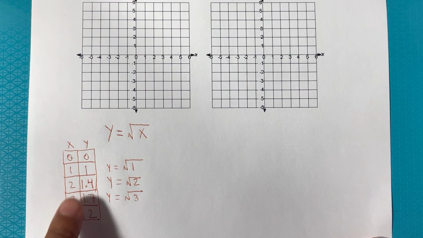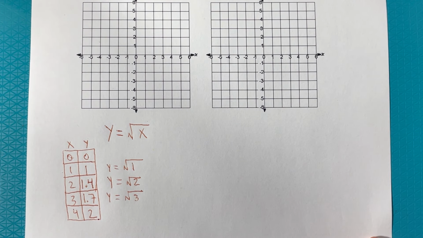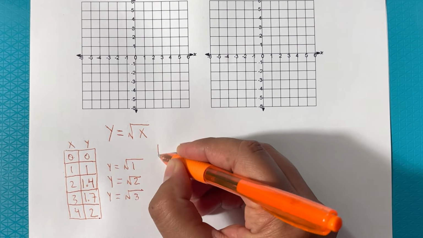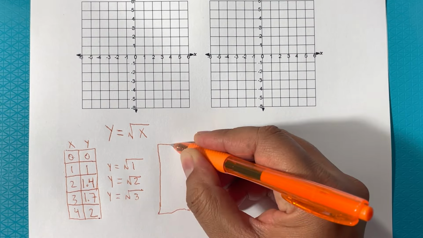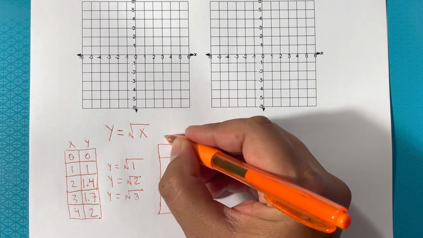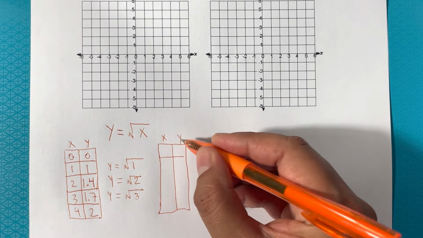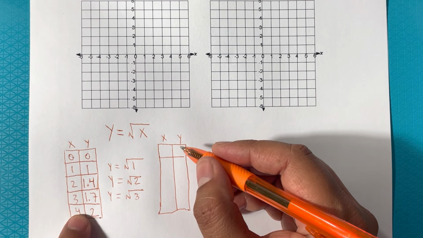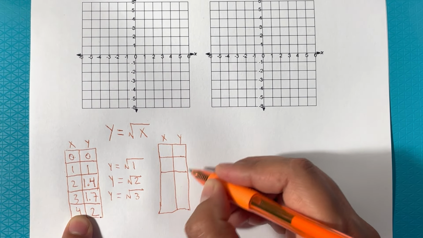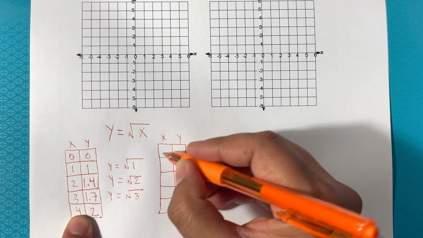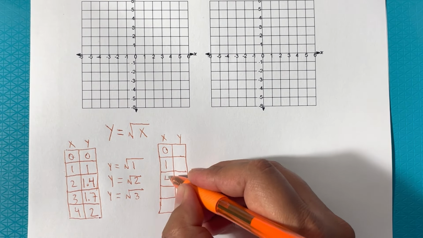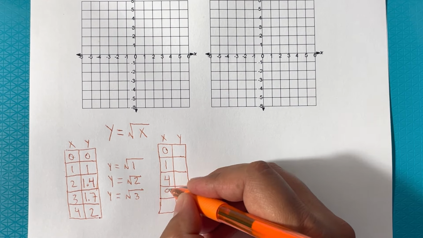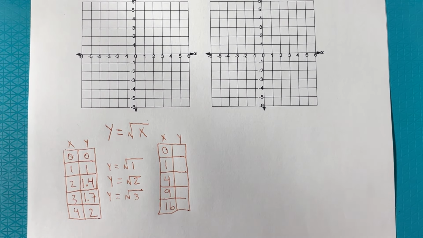Notice how we get decimals. So what you want to do instead is to find values of perfect squares, and that's why we reviewed those. So for x, you want to choose values that are perfect squares to make your life easier. So 0, 1, 4, 9, 16.